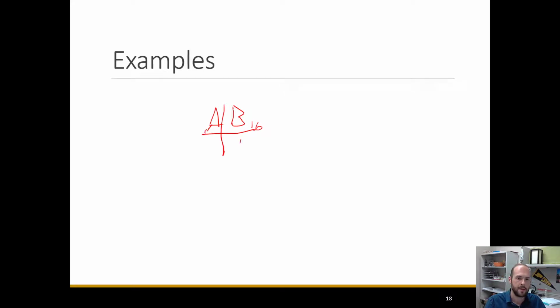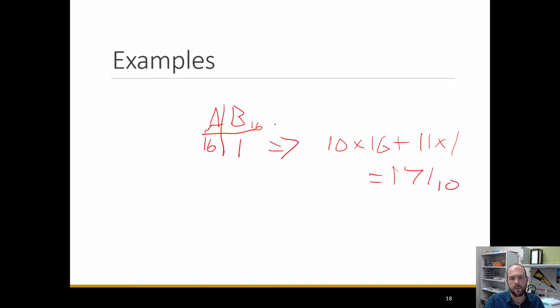So 16 to the 0 is 1, 16 to the 1 is 16. So we have A, B. We know A represents decimal 10. So the decimal equivalent is 10 times 16 plus B times 1, which is 11 times 1, or 171 decimal. So the weighing factors allow us to translate back to decimal from hexadecimal.